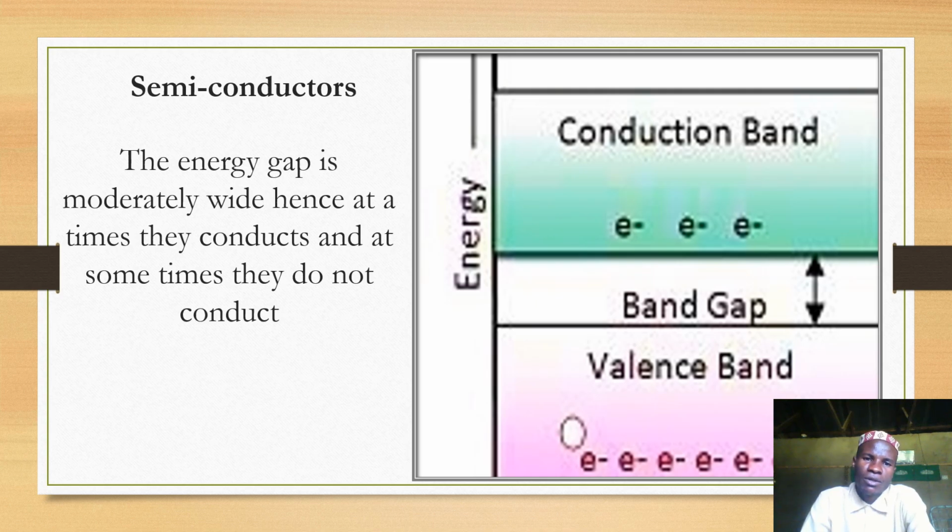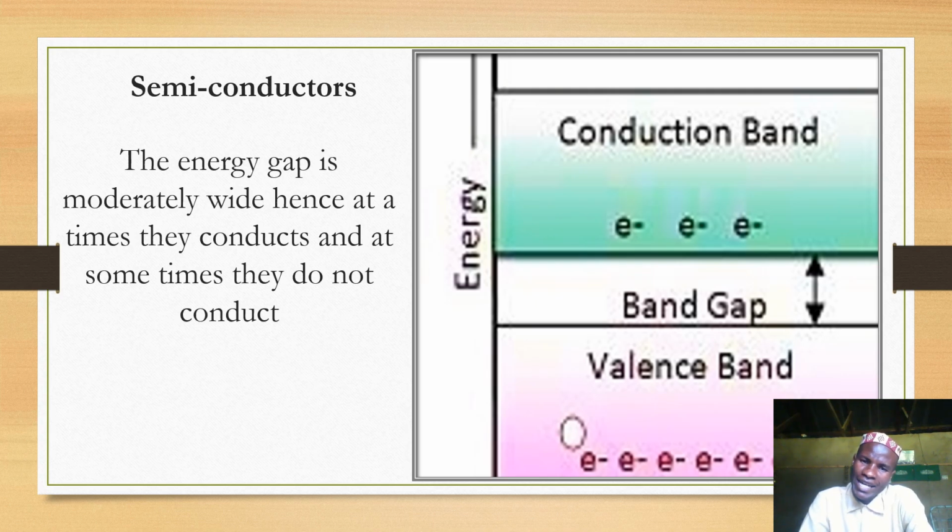Then we look at the semiconductors. These are materials that lie between conductors and insulators. So at times a semiconductor conducts and at times it does not conduct, behaving like an insulator. Their energy gap is moderately wide.